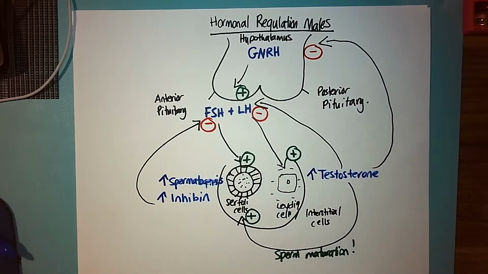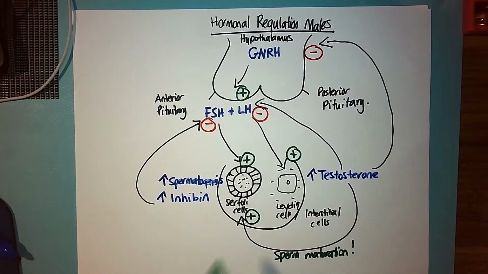Again, in the instance of too much testosterone, we can shut down both the hypothalamus and the anterior pituitary. And then the third role of testosterone, probably the more important role, is to help with sperm maturation. So it's going to play a supportive role in helping the Sertoli cells to develop sperm along the way of the seminiferous tubule.